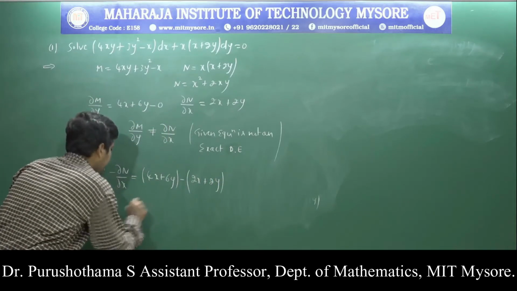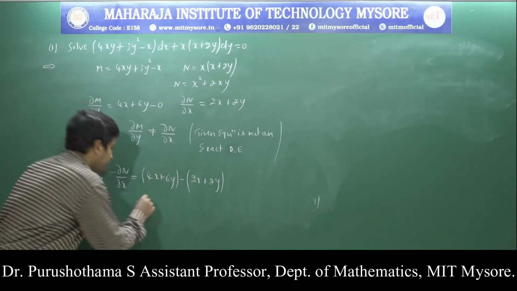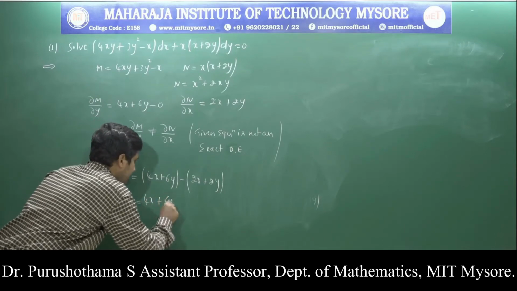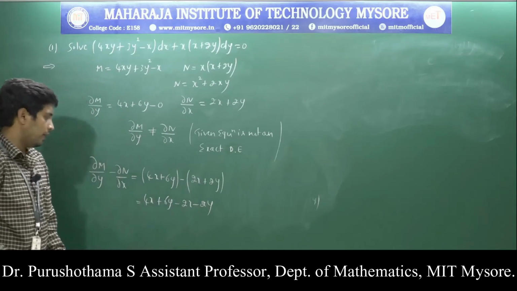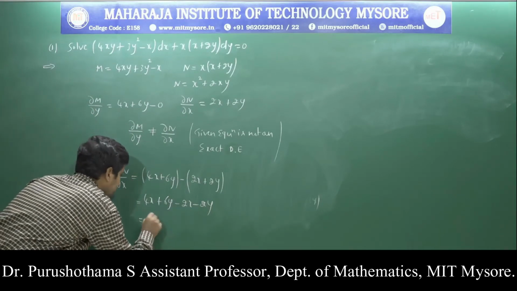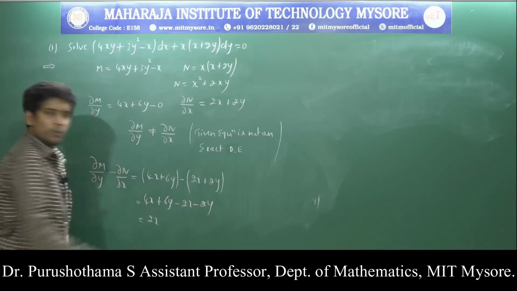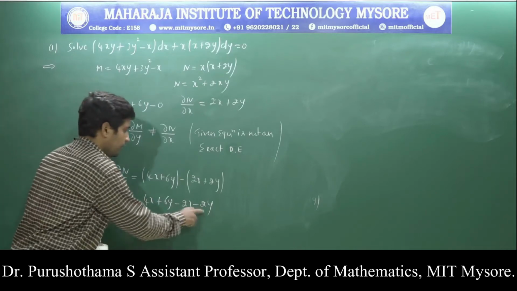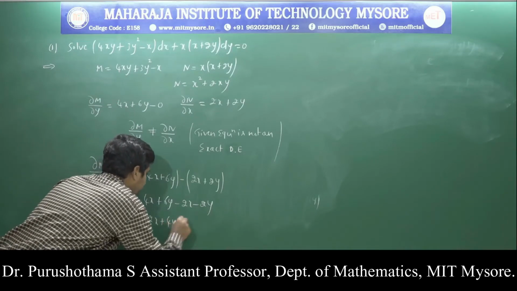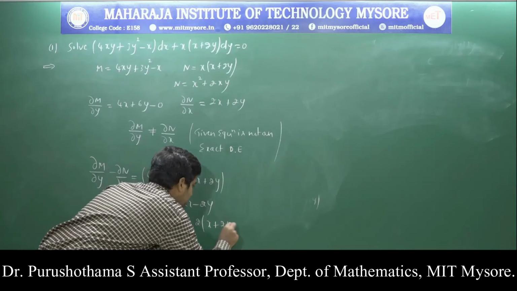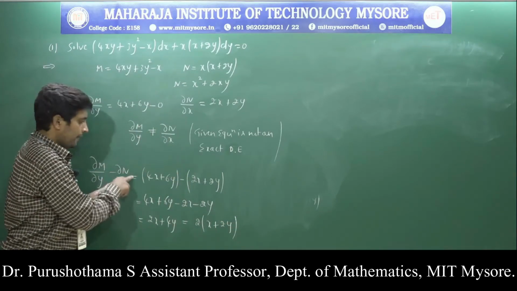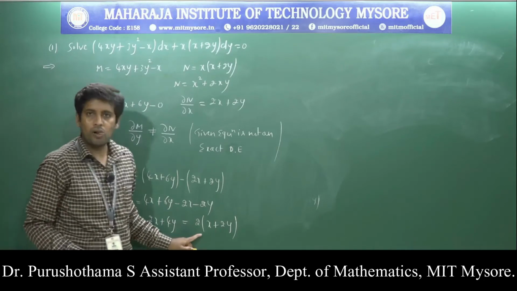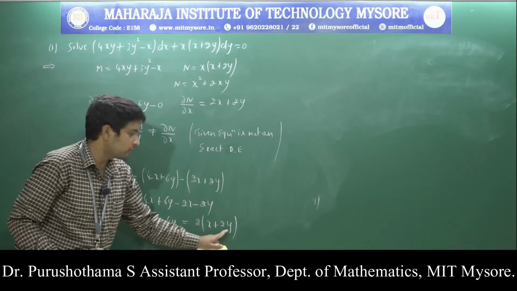This is the same as 4x plus 6y minus 2x minus 2y. The difference is 4x minus 2x, which is 2x, and 6y minus 2y, which is 4y, so 2x plus 4y. This is the difference value: M with respect to y minus N with respect to x is equal to 2 times (x plus 2y).